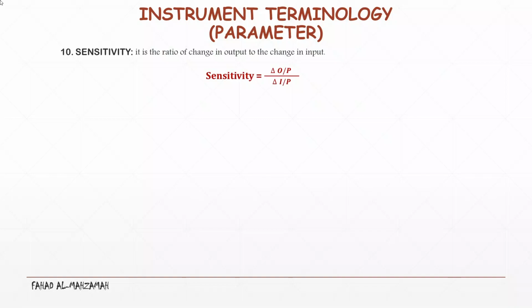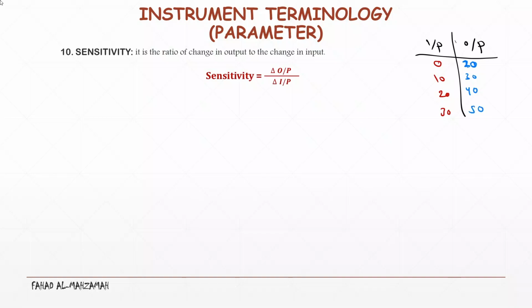So for example, if you have this table, this is input and this is output, and you have these values for the input, for example, 0, 10, 20, 30, and you get the output as 20, 30, 40, 50.